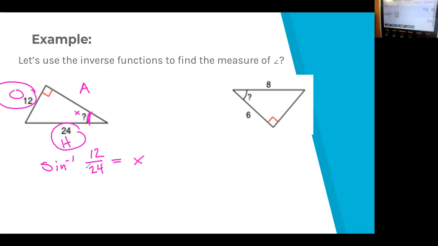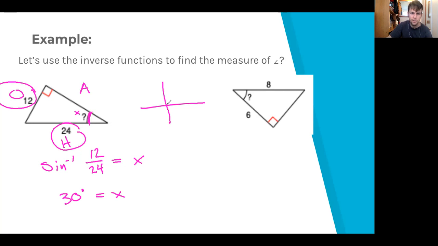We might have been able to figure this one out if we remembered some information from our unit circle. Because remember, 30 degrees, which is the answer we get here, is a unit circle angle. We might have remembered that at 30 degrees, the sine value, the y coordinate, is a half.